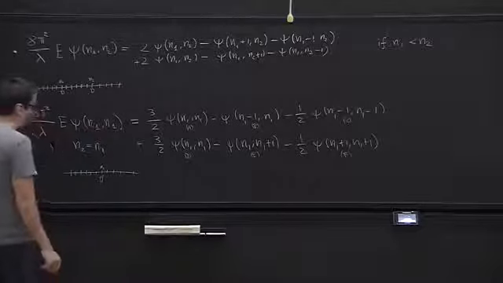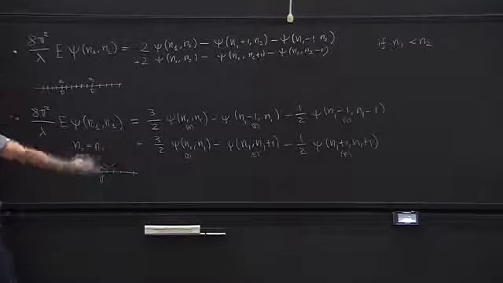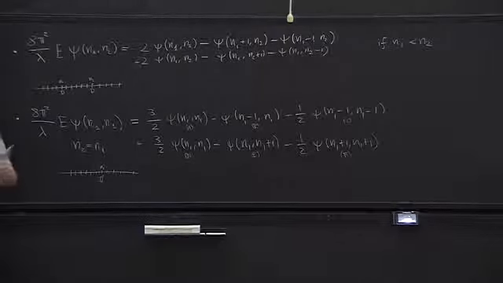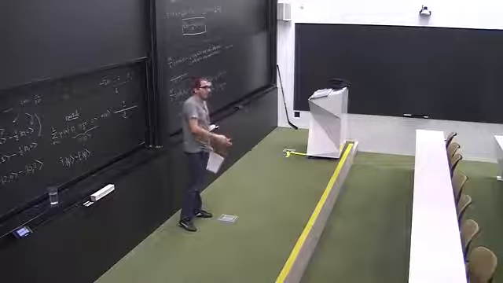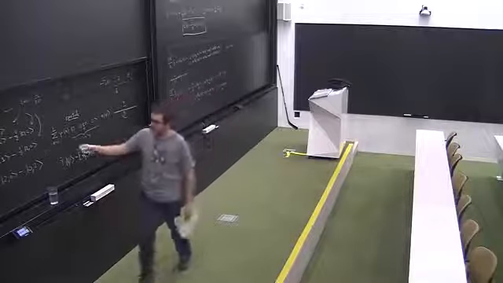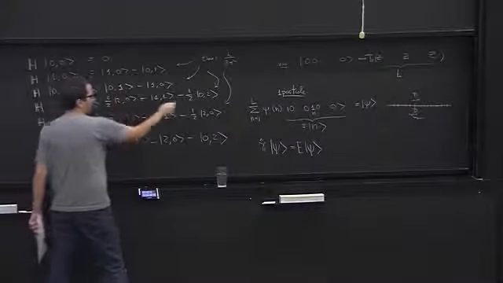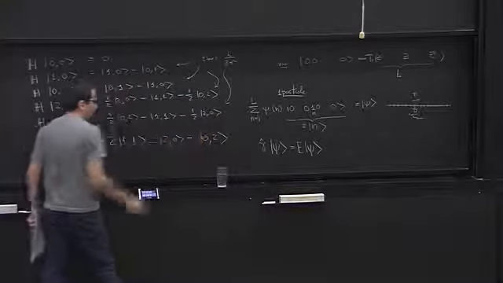Okay. So who can give, after acting with H, a configuration where they are on top of each other, right? So which wave functions could contribute such that after acting they give a ket where they are on top of each other? So what we have to do is look on the right-hand side and see where there is a 2, 0. And there is one here, another here, another here, another here, another here, and another here.